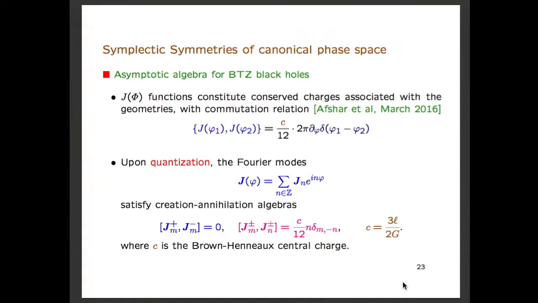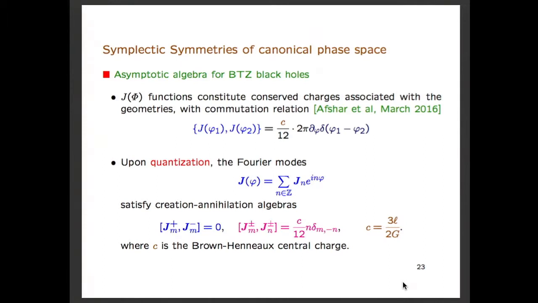So for the canonical description, these functions J define the conserved charges, and their bracket can be computed using standard methods, for example the covariant phase space method, or different methods that people have developed.